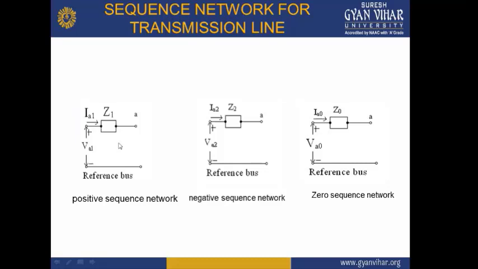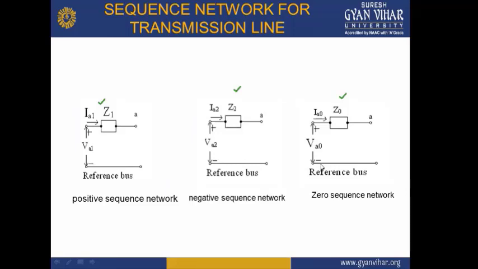Only the impedances associated with the positive, negative, and zero sequence components will be included in the network. That means Z1, Z2, and Z0 are your positive, negative, and zero sequence impedances calculated from the Thevenin's network.